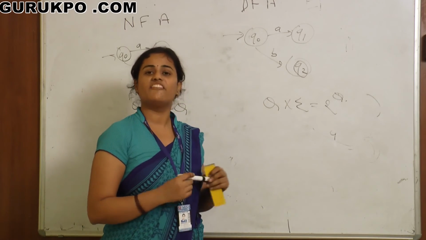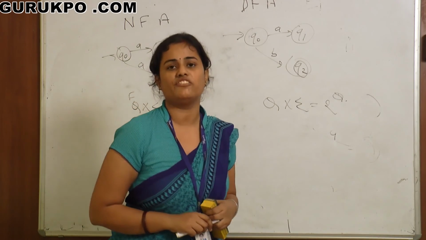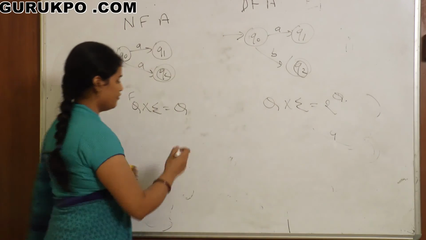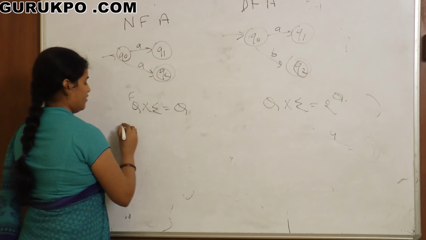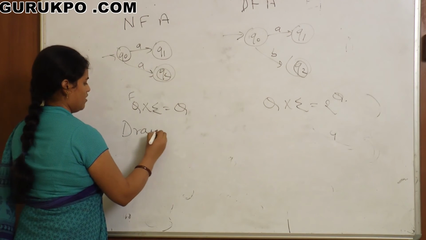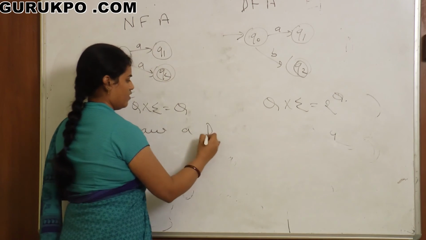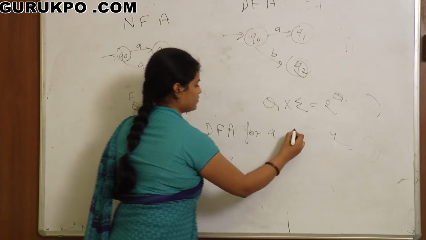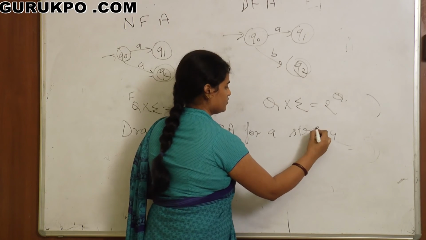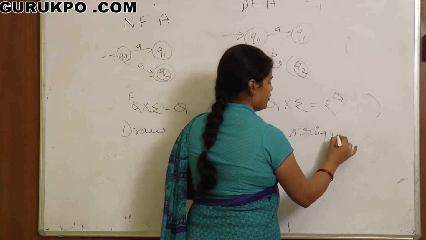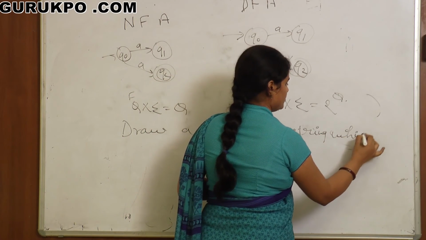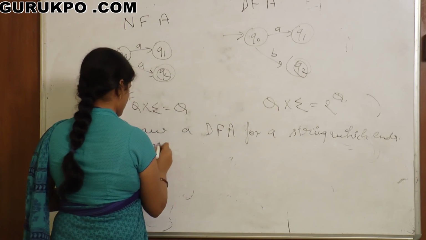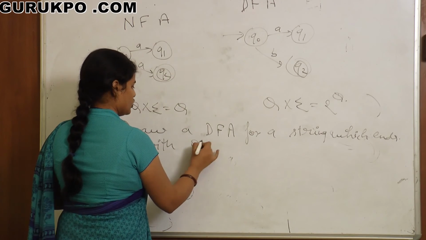Now, suppose I give a problem. You have to draw a DFA for a string which ends with 0 1.